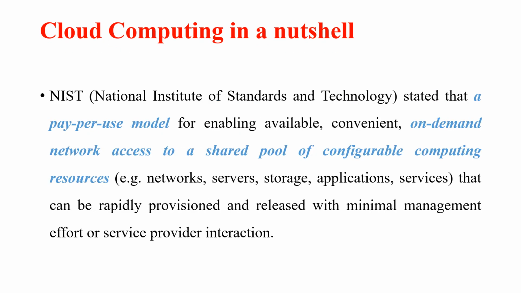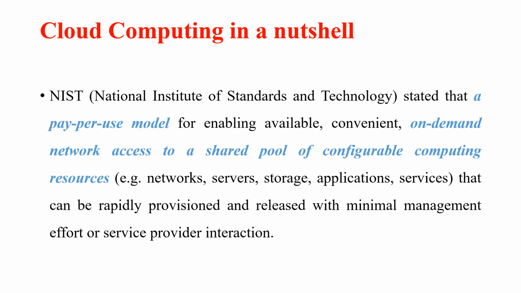Then according to NIST, the National Institute of Standards and Technology, the cloud is called a pay-per-use model, otherwise called a pay-as-you-go model. It is an on-demand network access to a shared pool of configurable computing resources.